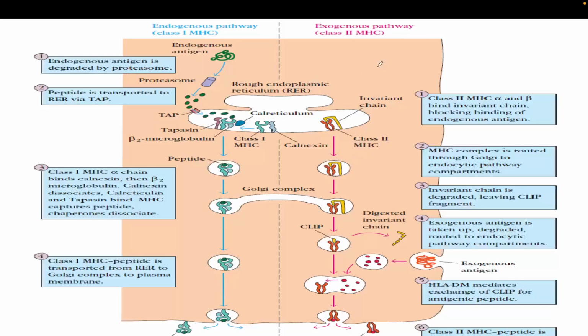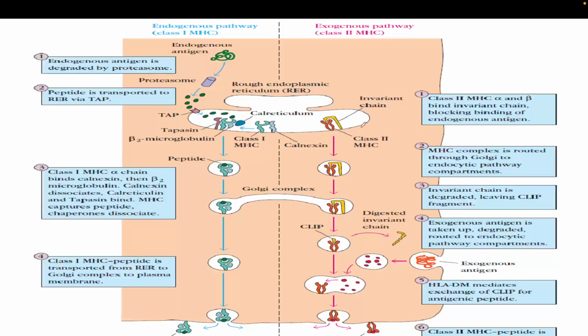Okay, in case of the exogenous pathway, the antigen is already processed outside of the body, and through a clathrin-mediated vesicle, the endosome, it comes inside the cell. Okay, where the MHC2 molecule in the endoplasmic reticulum is already attached with the invariant chain, which acts as the inhibitor or blocker of any kind of peptide binding.